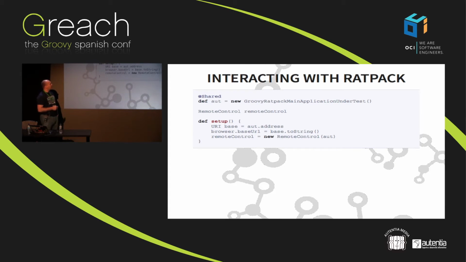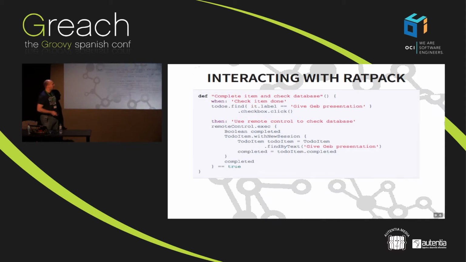That enables me to make a remote control and hand in the application under test in this case. That means I can now, with the remote control, send in a closure of Groovy code, and all it does is it fires this away inside the application and returns the result.